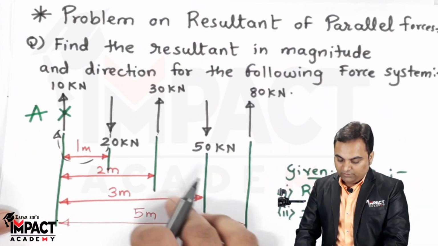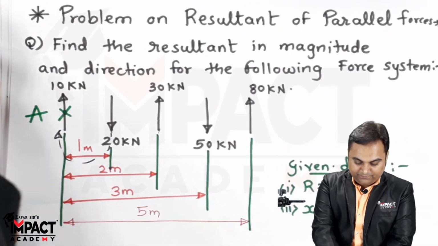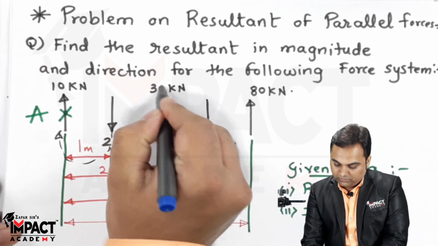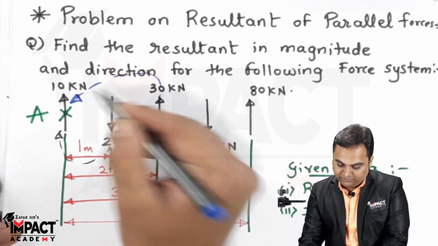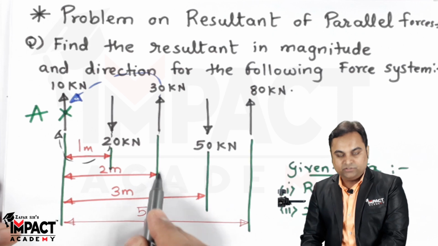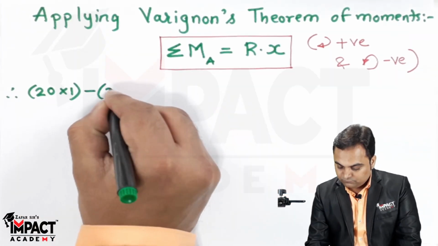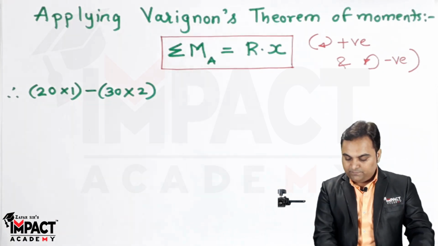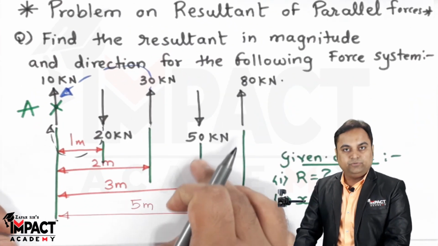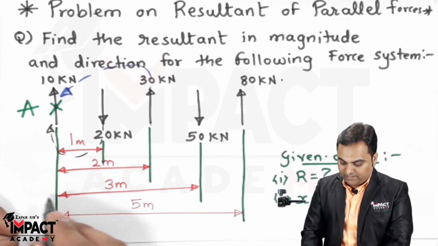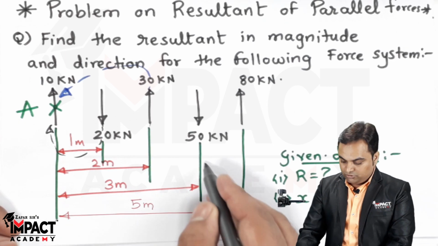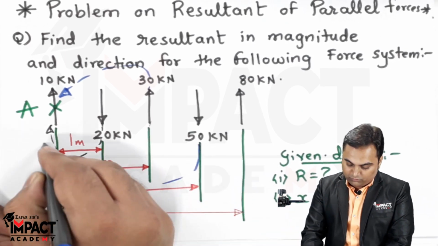Then 30 kilonewton acting upward would be producing an anti-clockwise moment, and the distance is 2 meters. So it is minus 30 into 2. Then there is 50 kilonewton acting downward at a distance of 3 meters, producing a clockwise moment.